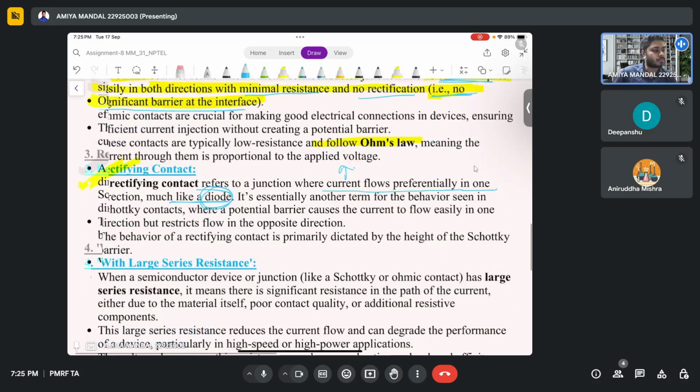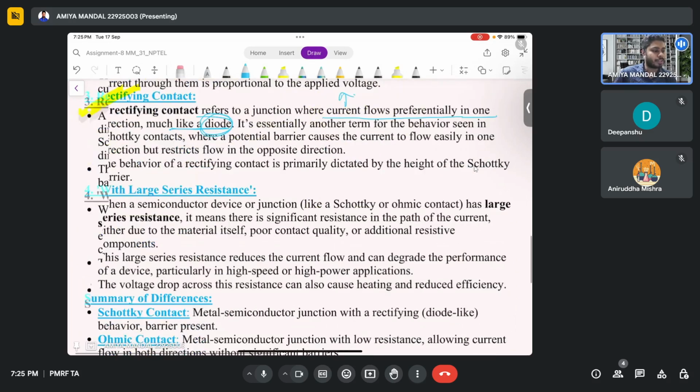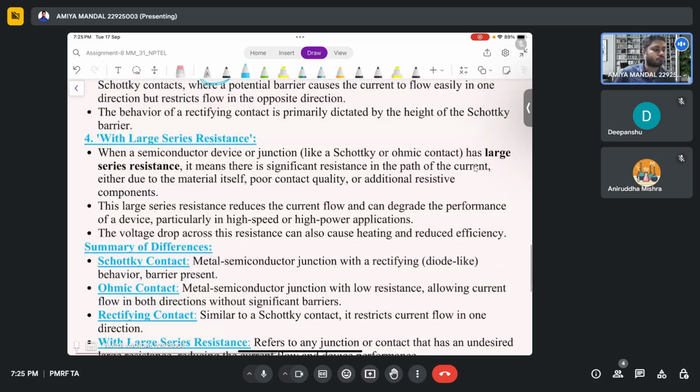So ohmic contact is preferred. With large resistance, what does it signify? Like a short has a large, it means there is a significant resistance. This should not be possible in an ohmic contact, so we do not require large resistance. This also means poor contact quality, so we are not interested in it.